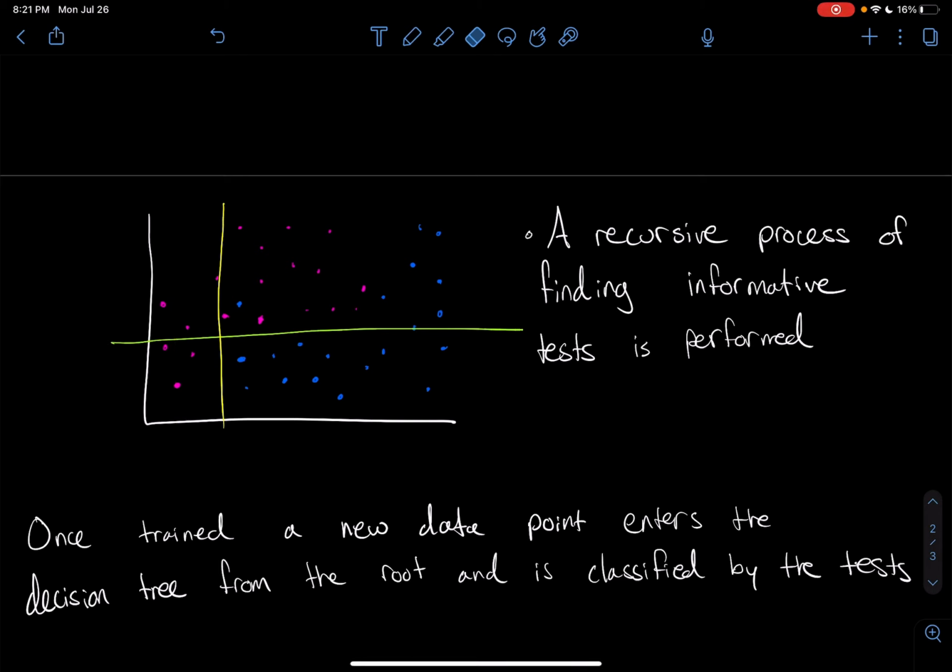Now we can actually combine these two because we're following a tree. If a test at level 2 is met, that means the test at level 1 was met. If it's on one side of the yellow, it has to be on one or the other side of green.